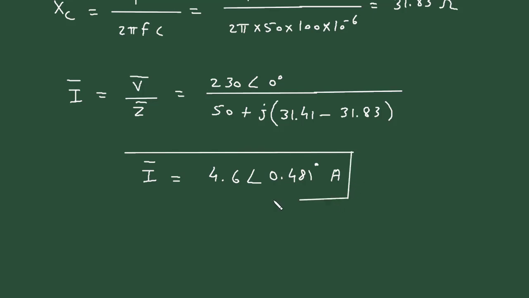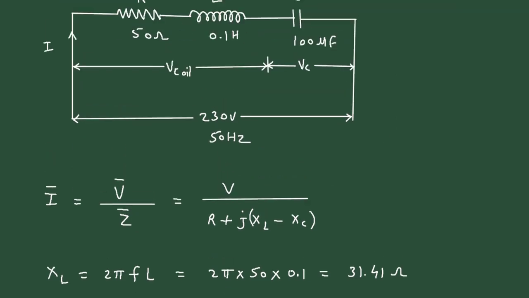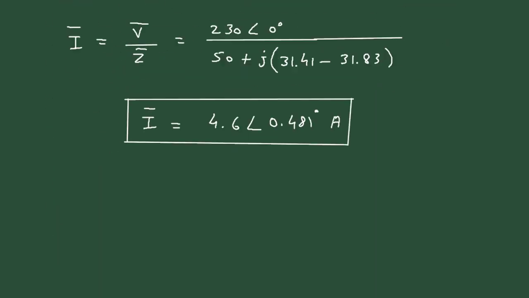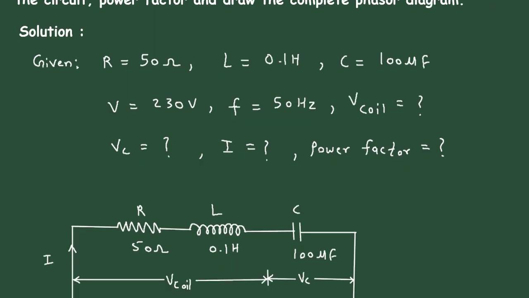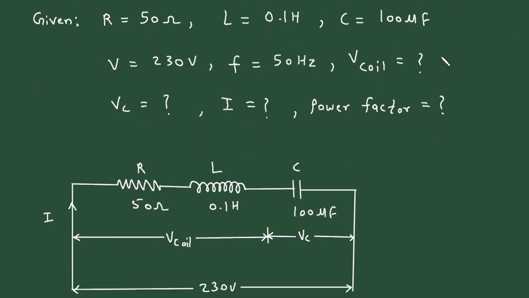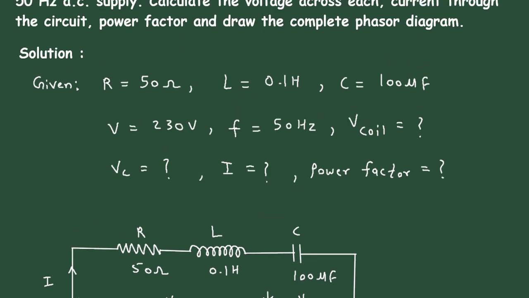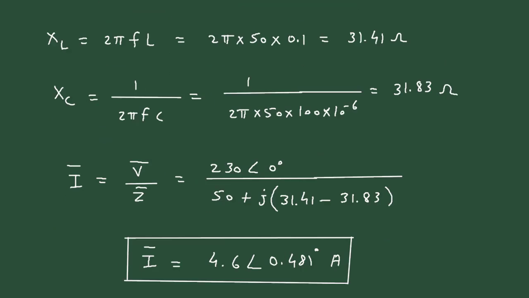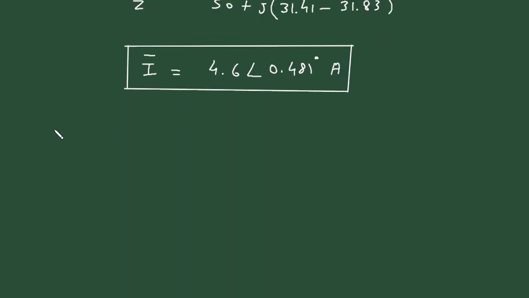Now we got the value of current I, and we also have the value of voltage V. So we can find power factor also. Power factor will be cos phi, and the value of phi is 0.481 degree.